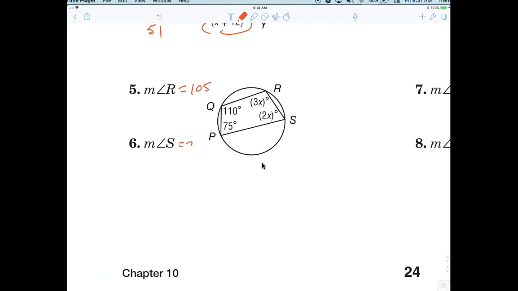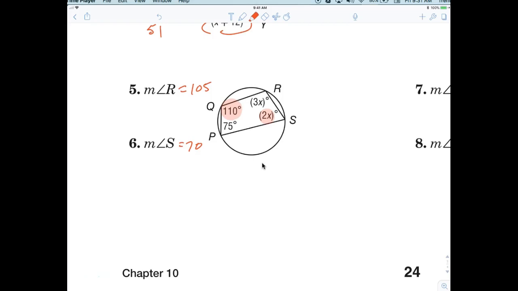Is everybody good on this now? Does everybody understand that? Kind of throwing you off a little bit by throwing the x's in there. The x's are not important. Can you explain? Yeah, because the opposite angles of an inscribed quadrilateral are always supplementary. So angle S plus angle Q have to equal 180. Now the reason why I didn't bother you with x is because I don't need x.